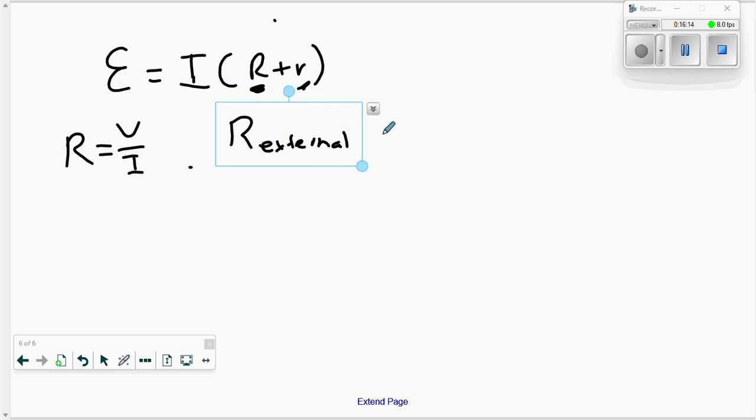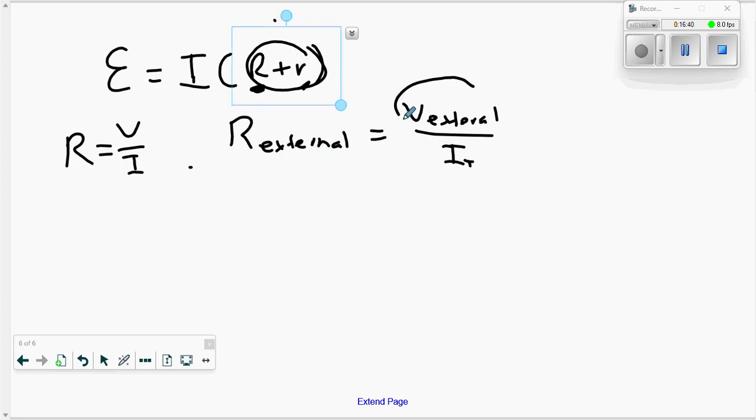It will be R external equals V external over I. I is always going to be I total. It doesn't matter with the I. But if you are asked to find V external, you are going to use R external, not R and r like here. It's not both of those together. It's just the R external, the ones that are in series and parallel.